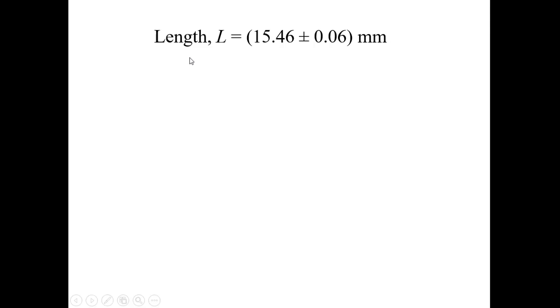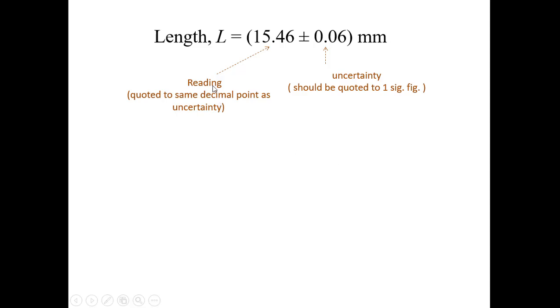So we note down the length of the scientific calculator as 15.46 plus minus 0.06 centimeter. Then class, bear in mind, the reading should be quoted to the same decimal place as the uncertainty, and uncertainties must always be quoted to one significant figure.